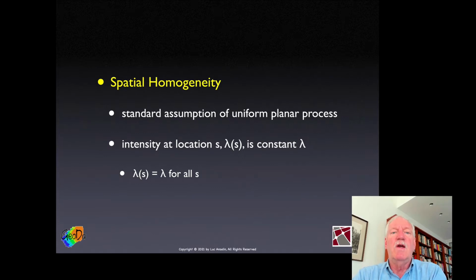So if we express the intensity at a given location S as lambda S, then in essence spatial homogeneity means that lambda S equals the same lambda no matter where you are. That is the fundamental assumption behind a Poisson process, so homogeneity.